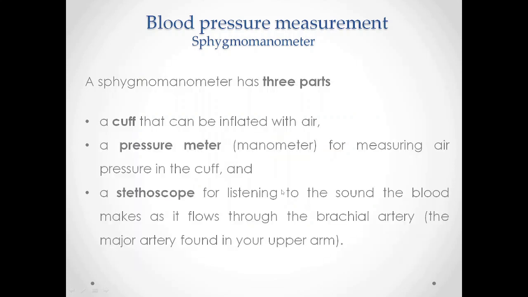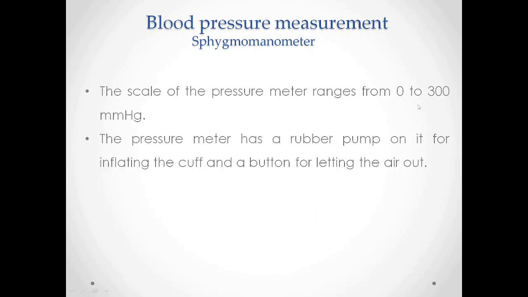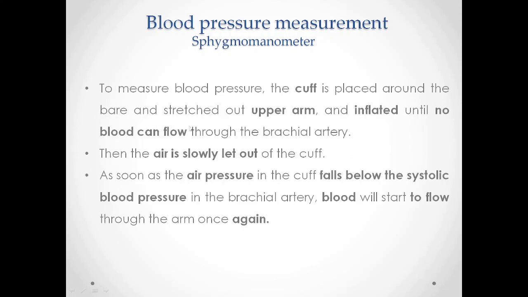Hope you are clear with that. As I said, it has three parts: a cuff which can be inflated with air, a pressure meter for measuring the air pressure, and a stethoscope for listening to the sound. The scale of the pressure meter ranges from 0 to 300 mm of mercury. To measure the blood pressure, the cuff is placed around the bare, stretched-out upper arm and inflated until no blood can flow through the brachial artery.